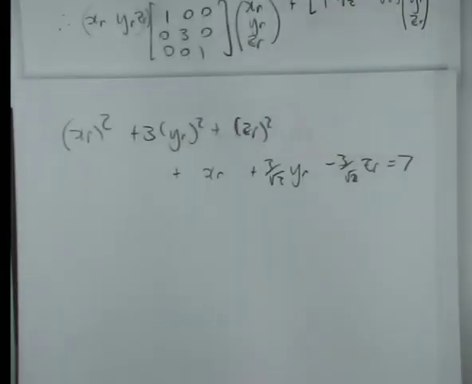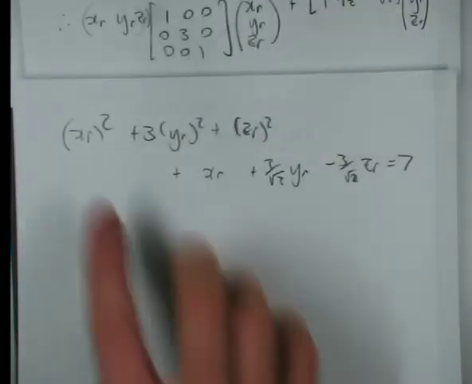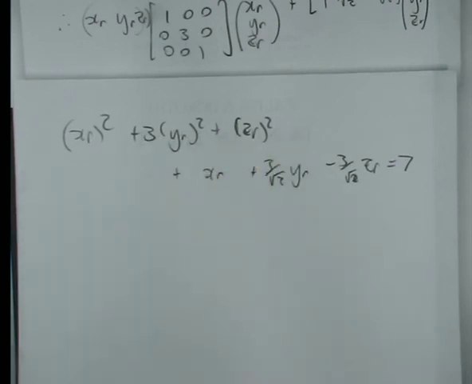But we can tell at this stage if it's going to be anything at all, because all 3 of these are positive, it's going to be either an ellipsoid or a single point or empty. So we can tell at this stage what it is. So we don't have to complete the square, and we can still get at least maybe half of that mark, if it made a difference between a distinction and a high distinction, or a pass or a fail or something.